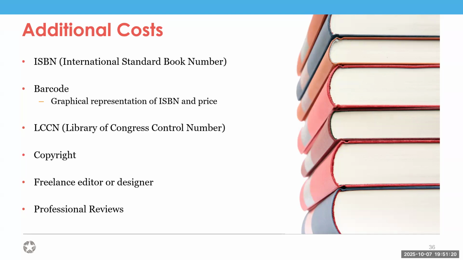Publishers Weekly also does professional reviews. They're free, but you are not guaranteed a review if you send in your material. Library Journal also has professional reviews. These are also free, but again, you're not guaranteed to get a review if you send in your work for review.